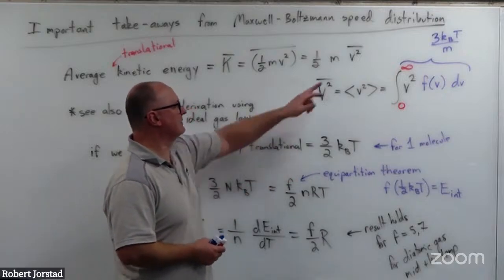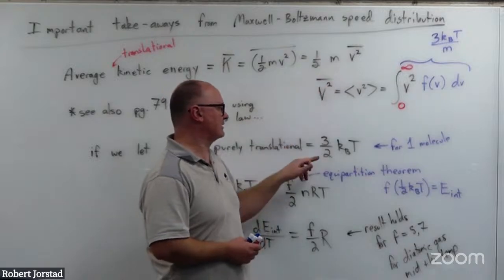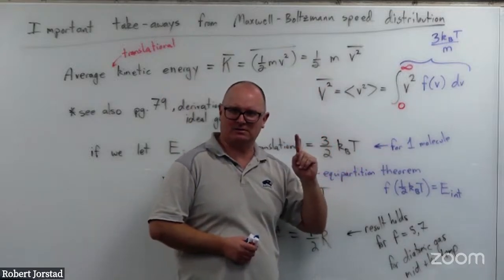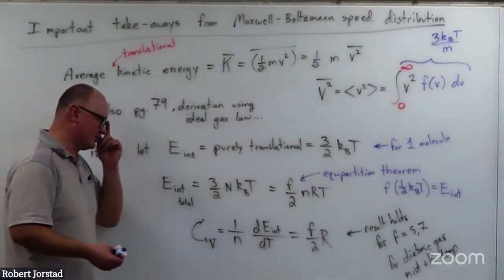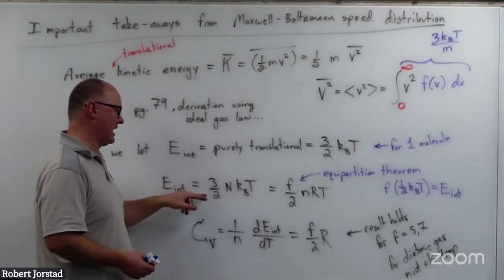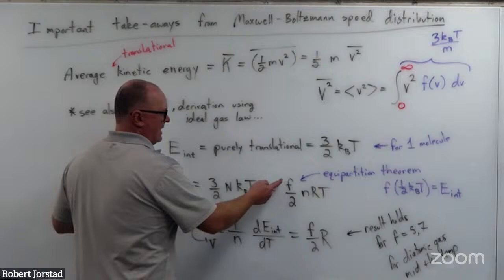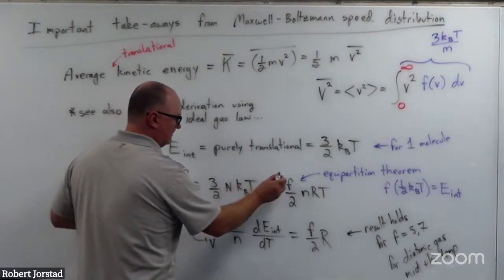we would get, when we plug this in, 3/2 k Boltzmann, the m's drop out, you get 3/2 k Boltzmann T for just one molecule. If you have N of them in a gas, so if you have N molecules, we get this 3/2, which we could write in this way: f over 2, where f is degrees of freedom.